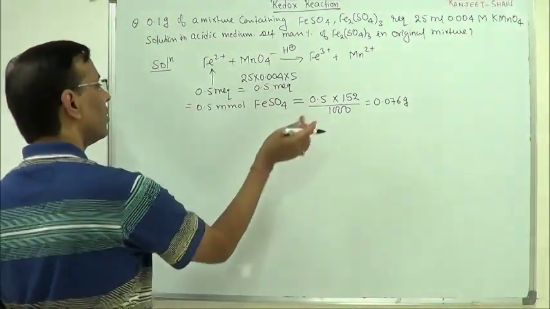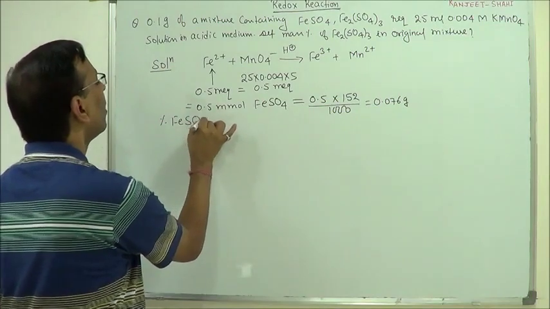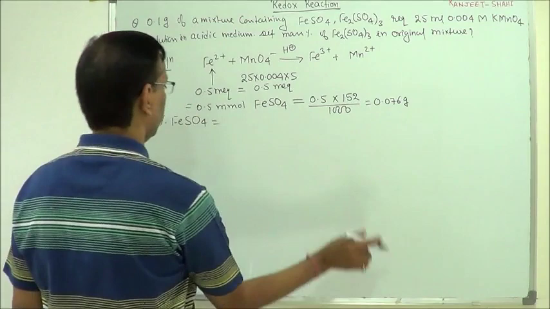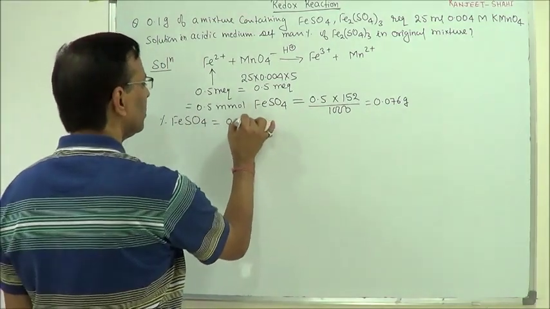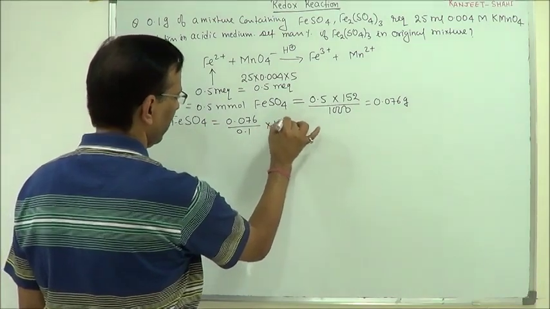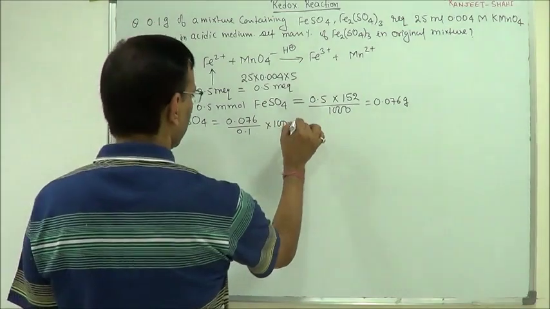So when we convert it into percentage, the percentage of ferrous sulfate will be 0.076 divided by 0.1 into 100. So it is 76%.